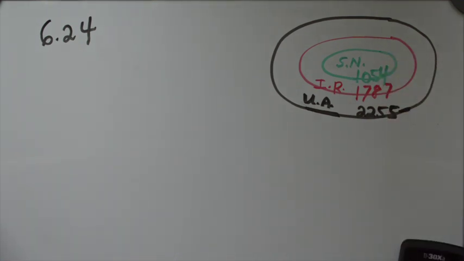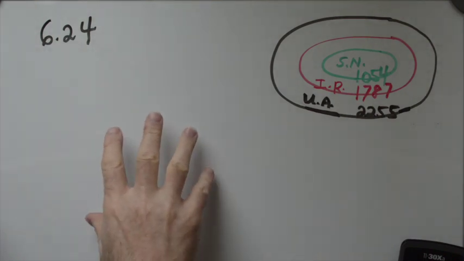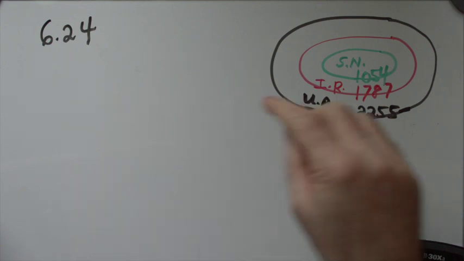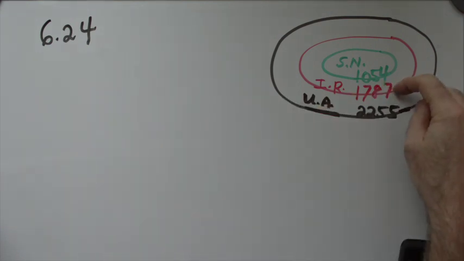Okay, so the very first problem is to find a confidence interval at the 95% level for the proportion of U.S. adults who use the internet regularly. So we're building a confidence interval for the internet regular users.